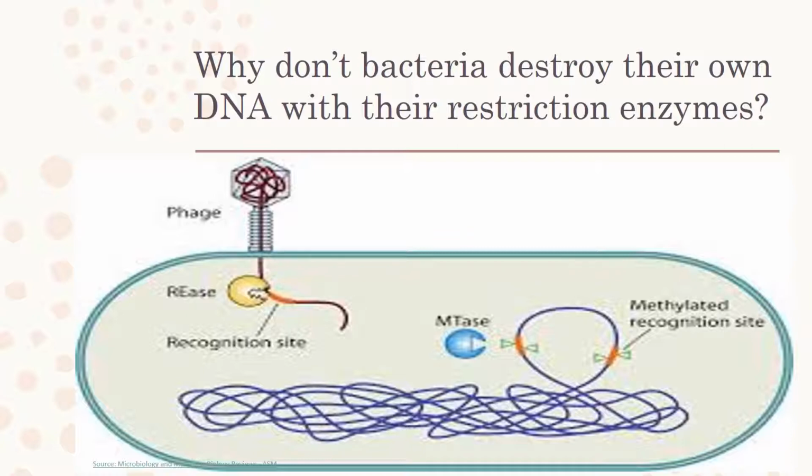Bacterial DNA is highly methylated. The overall process is called the restriction modification system. So, when a bacterium encounters a new viral DNA, the endonuclease of the bacterium can cleave only the viral DNA, so that the viral DNA cannot integrate into the bacterial DNA.